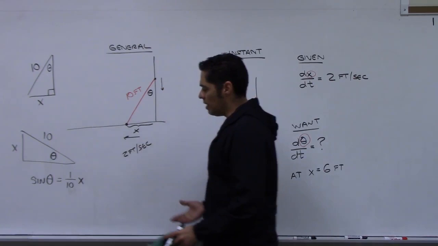We just need the units now. How do we measure theta in this problem? Well, it's an angle, and we always measure in radians when we're doing related rate problems. So this is going to be radians per, and our unit of time is seconds in the problem, so per second.